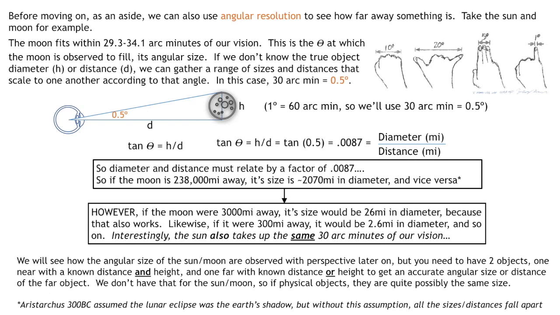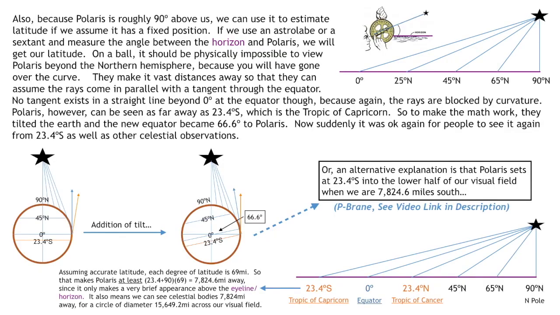We don't have that for the sun and moon, so if they are physical objects, they are quite possibly the same size. As a note, Aristarchus in 300 BC assumed the lunar eclipse was the Earth's shadow, but without this assumption, all these sizes and distances essentially fall apart.